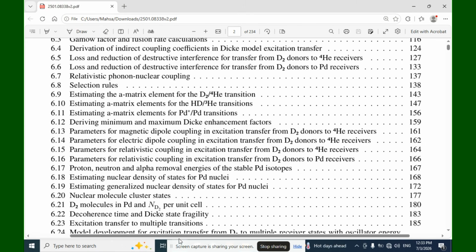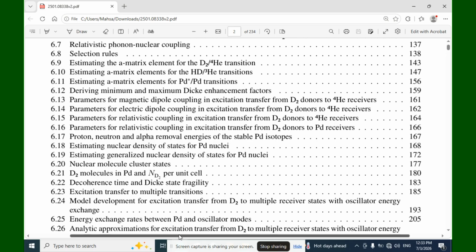estimating matrix elements for the HD helium-3 transitions, estimating matrix elements for palladium-star palladium transitions, deriving minimum and maximum decay enhancement factors, parameters for magnetic dipole coupling in excitation transfer from deuterium donors to helium-4 receivers, parameters for electric dipole coupling in excitation transfer from the D2 donors to helium-4 receivers, parameters for relativistic coupling in excitation transfer from deuterium donors to helium-4 receivers, parameters for relativistic coupling in excitation transfer from deuterium donor to palladium receiver.